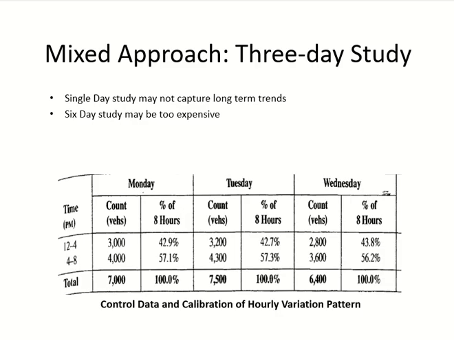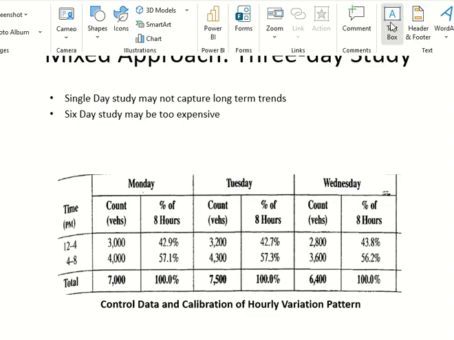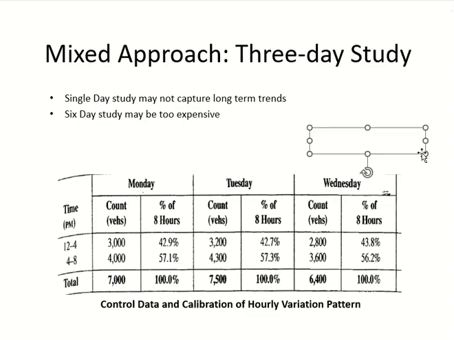What's the average? 6967. This is the average of 3 days on location A.